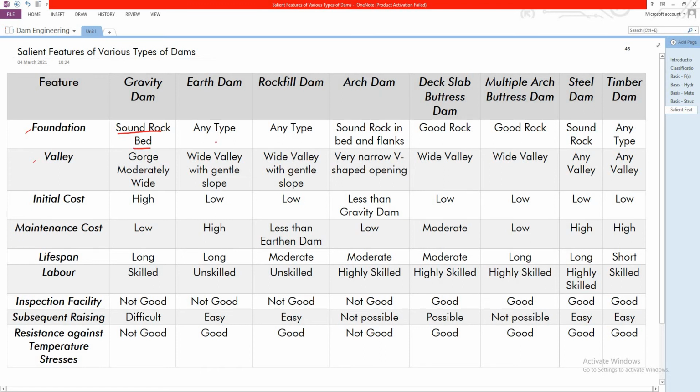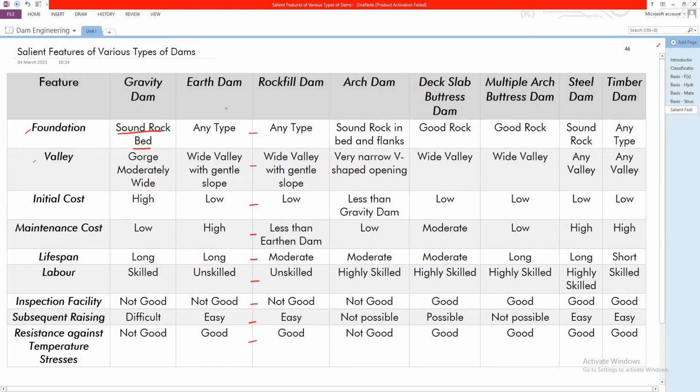Then since earthen dam and rock-fill dam are very close to each other, you can see that in the table when we are discussing earthen dam and rock-fill dam, the parameters are almost similar, right? That's why they are categorized under one term, that is embankment dam.